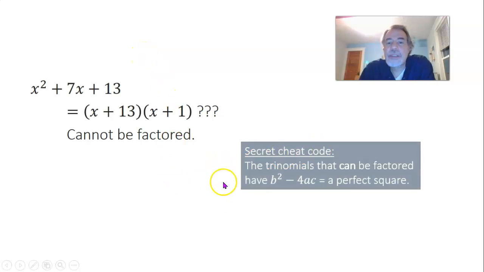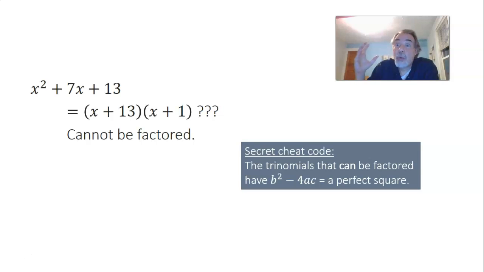And if you want to know the secret, a secret hint for how you can tell whether the polynomial can be factored or not without just running through all the possibilities, if you calculate b squared minus 4 times a times c, if that comes out to be a perfect square, that is something you can take the square root of and just get a nice whole number, that's when you can factor the polynomial.